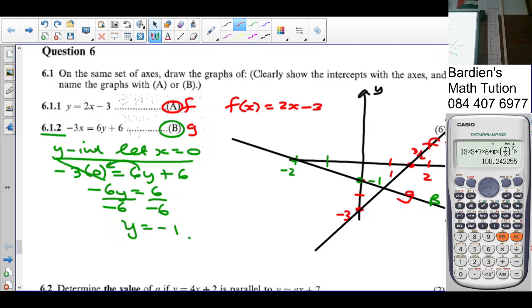Who remembers what the standard form of a straight line graph is? Y equals mx plus c. What's the gradient of this graph? 2. Not so? Can we read the gradient of this graph over here at this point? No. Why? Because that's not in the standard form. How do we get it in the standard form?